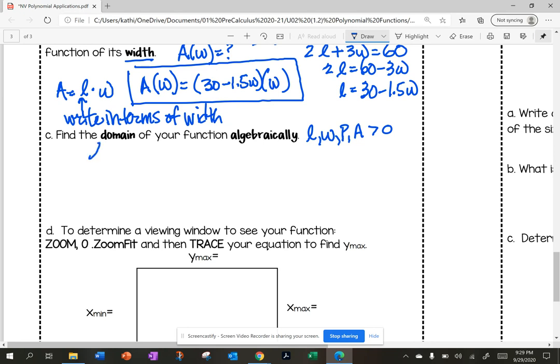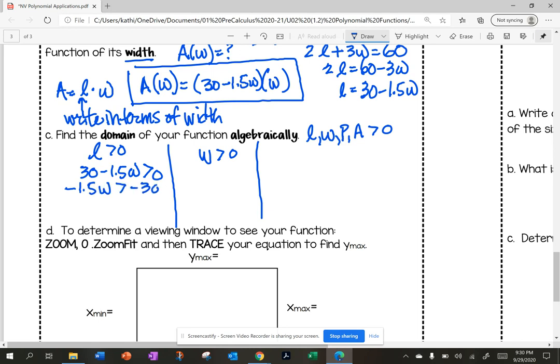So my length has to be greater than 0. So my length, 30 minus 1.5w, has to be greater than 0. And my width has to be greater than 0. And my width is just w, so I'm done with width. So solving for w over here, I'm going to subtract 30 from both sides. So minus 1.5w is greater than negative 30.